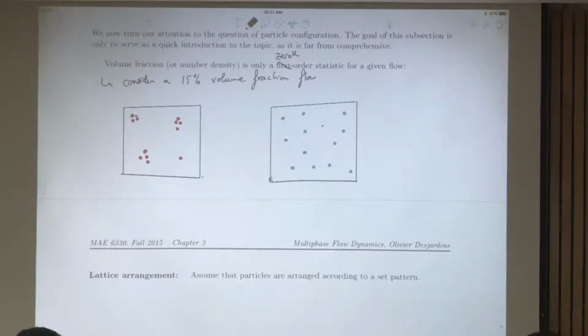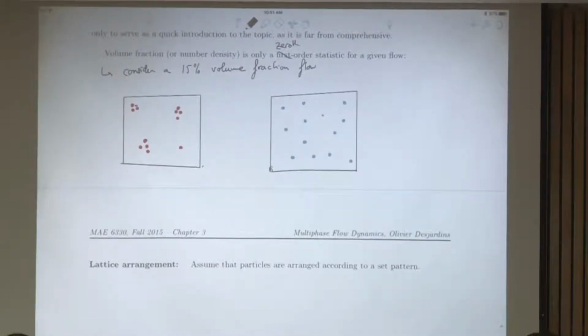The point I'm making here is that we're going to have to start worrying very much about high-order statistics of our distribution. We're going to have to start thinking about variance of our distribution function in order to differentiate between those two cases. So this is the same alpha_d, but different distribution.